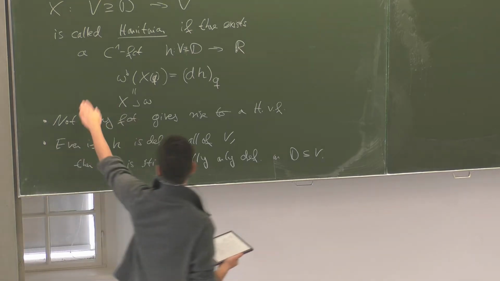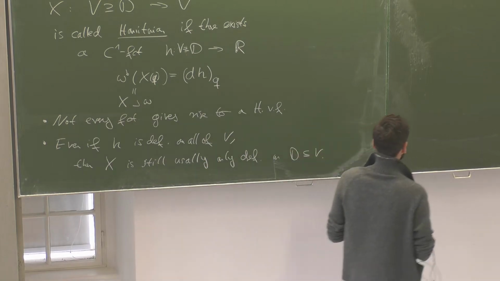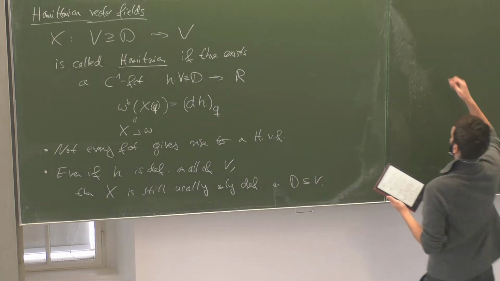The second kind of problem related to not every function having a Hamiltonian vector field is related to the Poisson bracket.